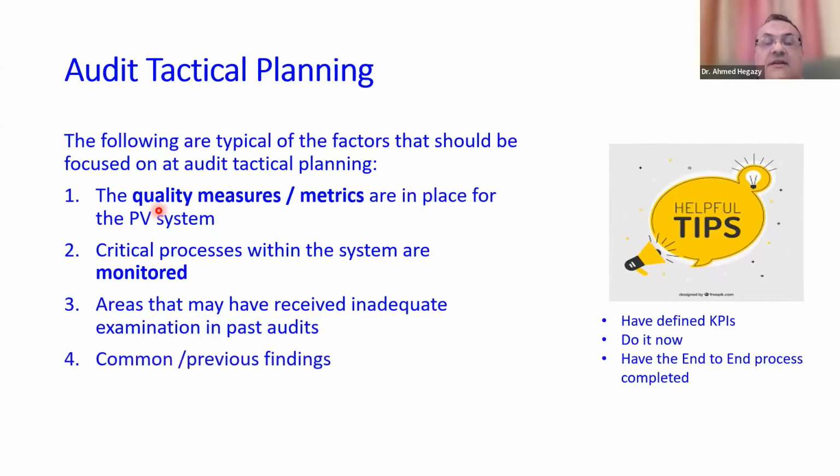Or if there is a general, common finding that auditors usually find in other audits. So if I audit 3-4 companies or organizations, and I usually have finding X in all, then when I audit you tomorrow, I will look and check deeply on this because it's a common finding. Like people are not well trained, for example.